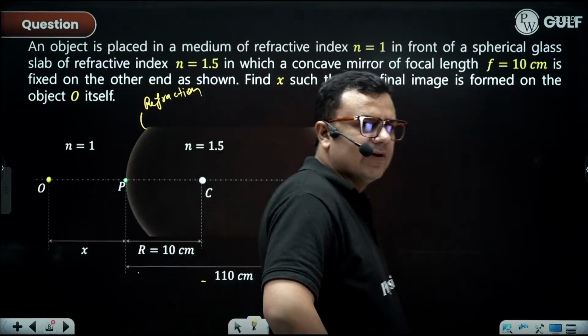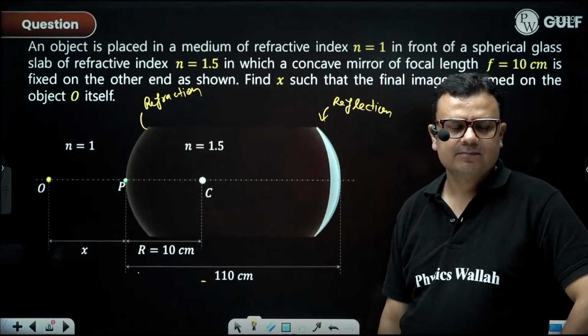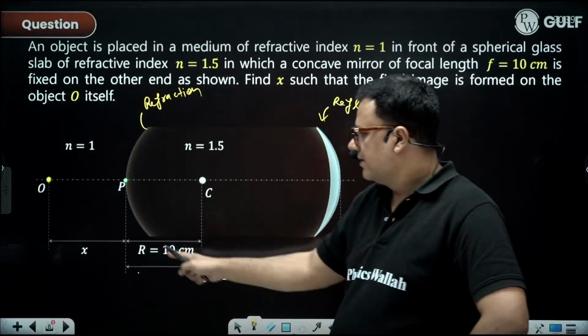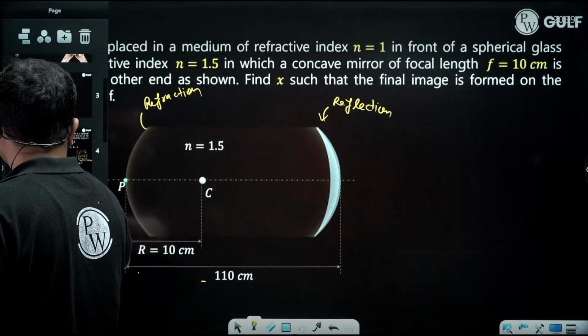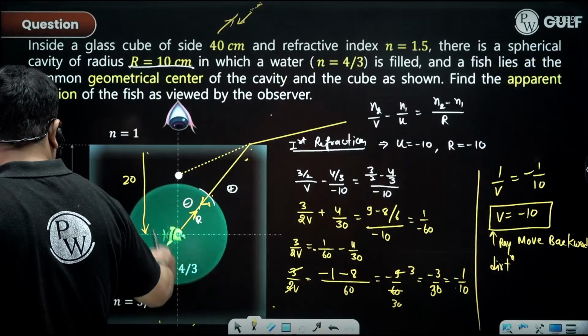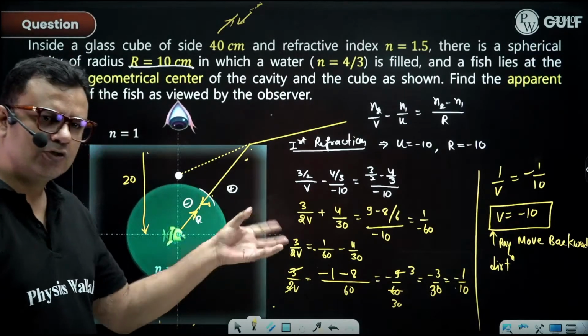You are not getting one thing. It's a spherical glass slab. What happens in a spherical medium? A glass slab is also a medium. Water is also a medium.